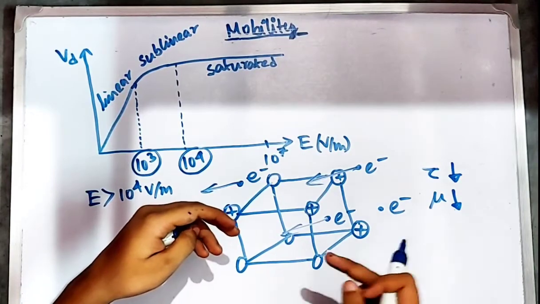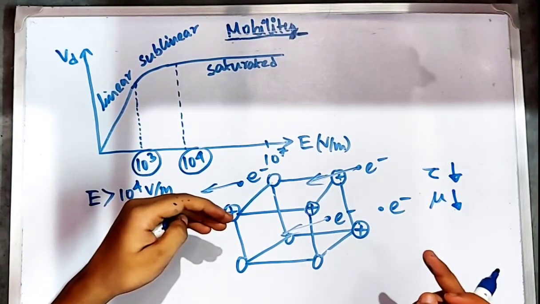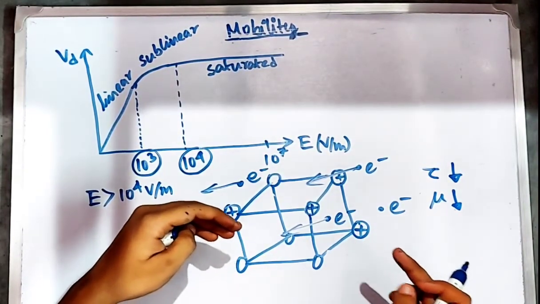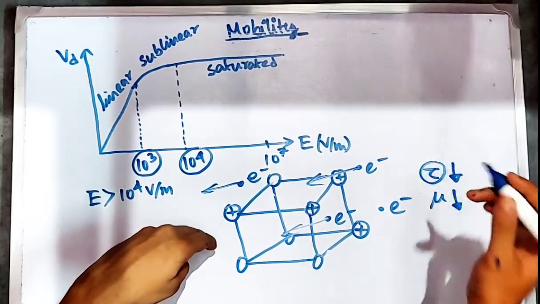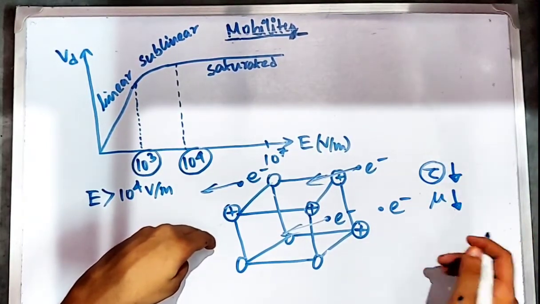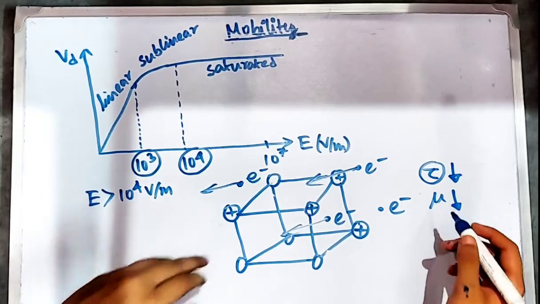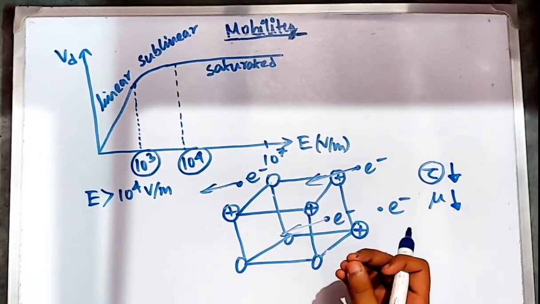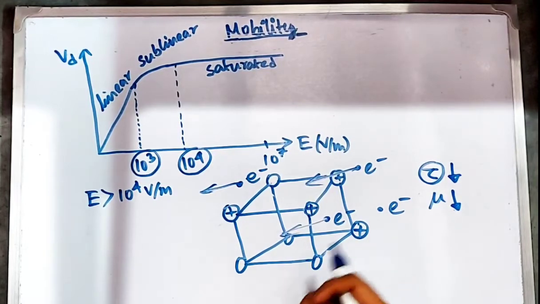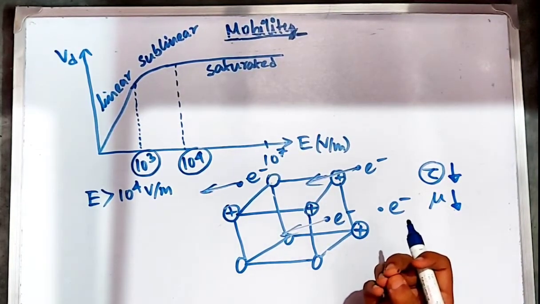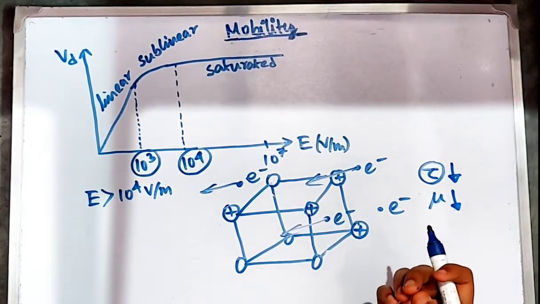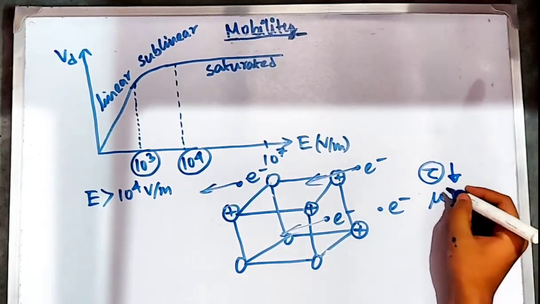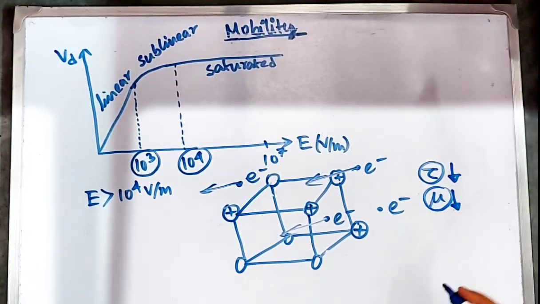So the electrons will make their collisions very rapidly. So the average relaxation time will reduce and then of course the mobility will reduce, because mobility is the measure of how fast the electrons are moving. So the motion of the electrons is getting slowed down, so of course the mobility is getting reduced here.